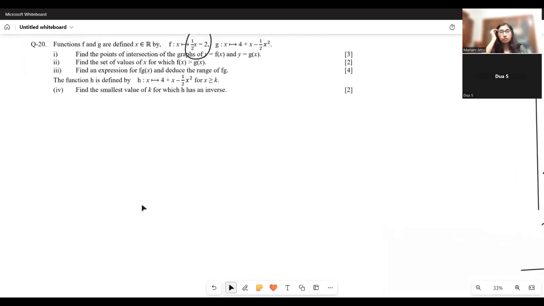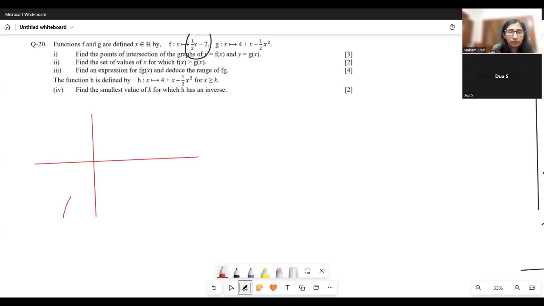The function h is defined by h(x) equals 4 plus x minus half x square for x greater than or equal to k. Find the smallest value of k for which it has an inverse. We had already sketched this. Why did I clear that? It was sketched like this. Here there was the value 1 and here 1/4. Okay, this is h(x) because we had already plotted this function.